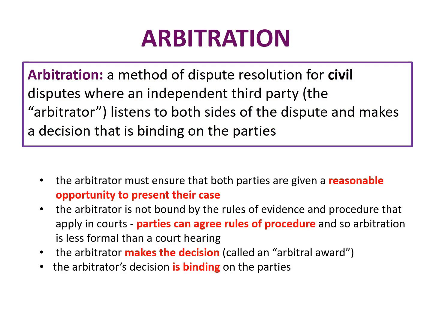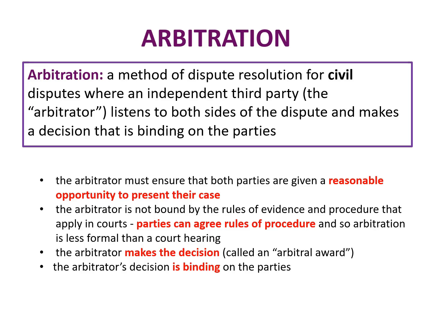First, the arbitrator must ensure that both parties are given a reasonable opportunity to present their case. Second, the arbitrator is not bound by the rules of evidence and procedure that apply in the courts. Instead, the parties can agree their own rules of procedure to apply to the arbitration, and so arbitration tends to be less formal than a court hearing.